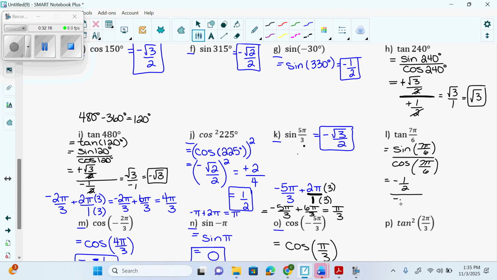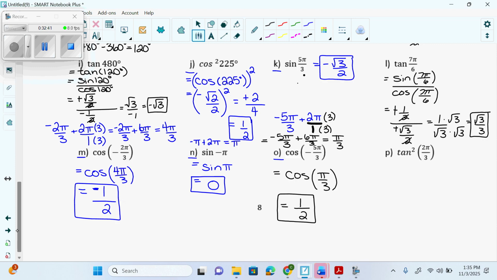Cos is negative root 3 over 2. The 2's cancel, the negatives cancel, and I'm left with 1 over root 3. And then I still need to do what to it? Rationalize it. Times root 3, and I get root 3 over 3. Okay, then we're going to do P.